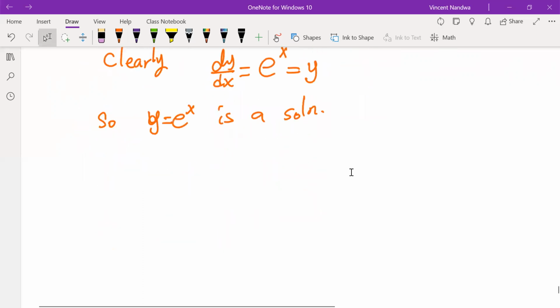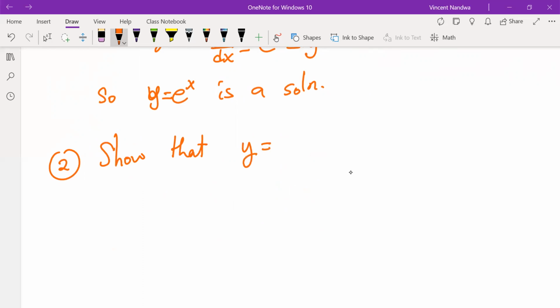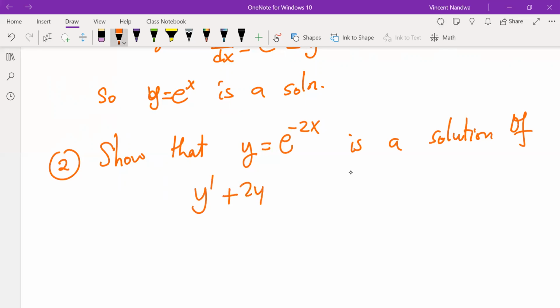Number two, show that y equals e raised to the power minus 2x is a solution of the differential equation y prime plus 2y equals 0.